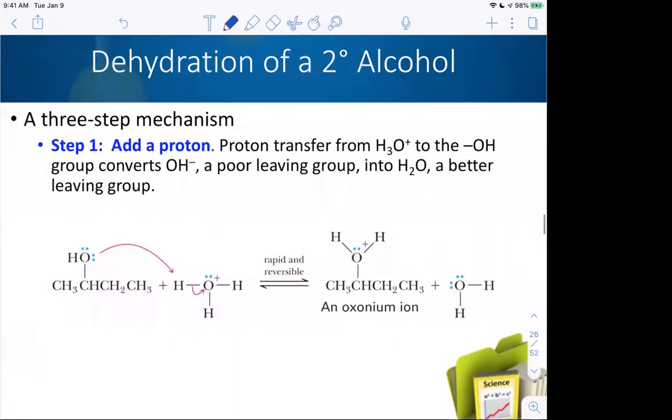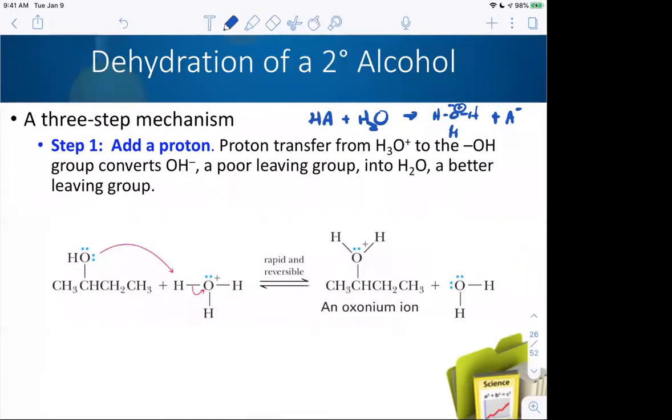So let's look at this dehydration of a secondary alcohol. If I have some acid, whatever acid I have plus water is going to give me this hydronium ion, which is always what I'm getting if I have acid and water. And that's going to be my electrophilic species.